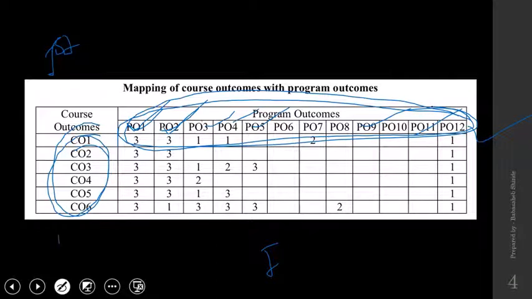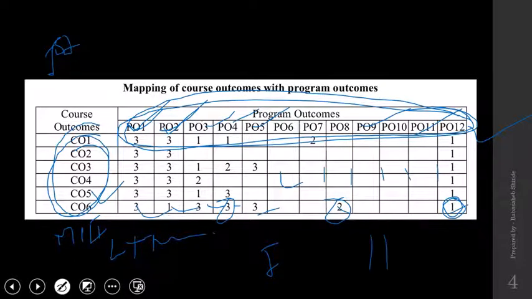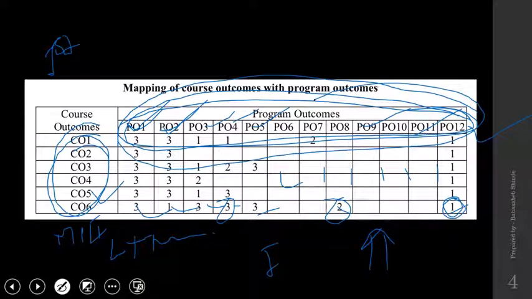Once you study one subject like MP2, you can see that only these 5-6 POs are attained, and that too to various levels. This is level 1, this is level 2, this is level 3. So once you study one subject, out of these 12, a few statements will be attained in certain proportion. And as you keep studying more and more subjects, this proportion as well as the attainment of individual POs keeps on increasing, and once you have graduated, you will have all those 12 characteristics.